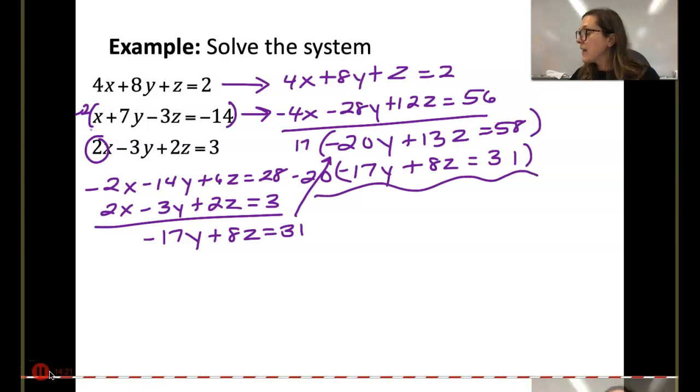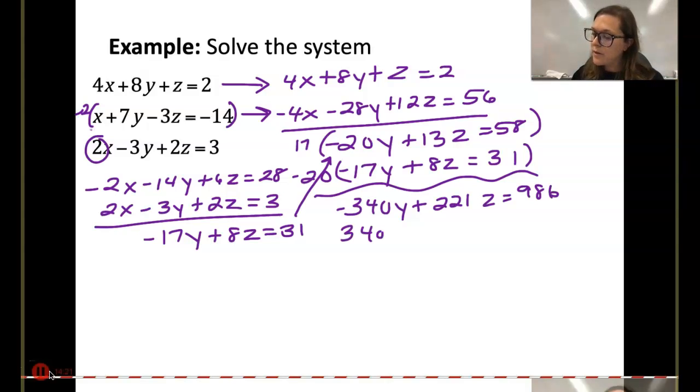Oh, thank goodness I have a calculator. 17 times 20 is 340, so -340y plus 17 times 13 is 221z. 58 times 17 is 986. Down below, we get positive 340y. 20 times 8 is 160, negative 160z. 31 times 20 is 620, negative.